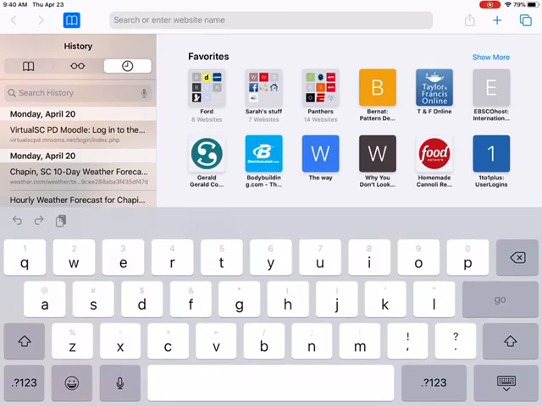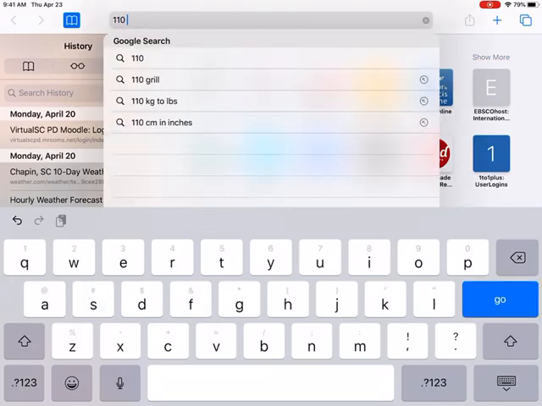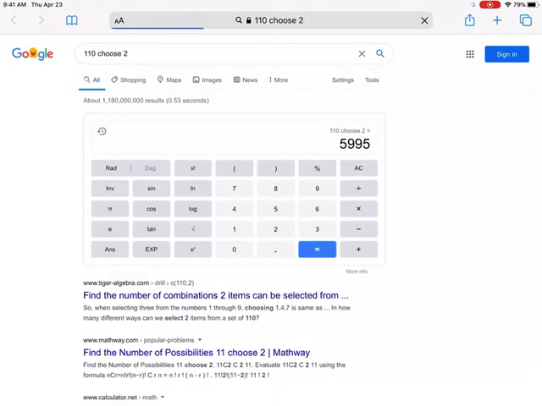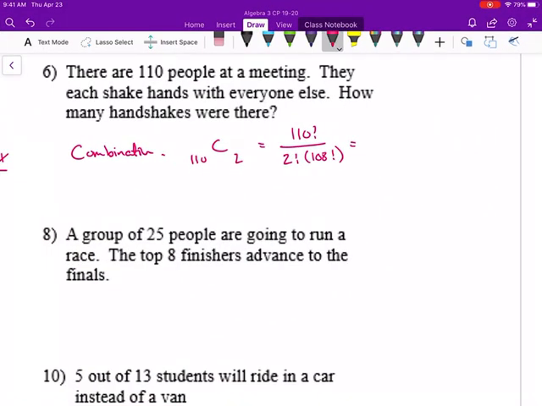You could bring up Google and say, what is 110 choose 2? And Google has a calculator that will do it for you. So that's where this 5,995 comes from. Back here, that's where we got 5,995 different combinations.